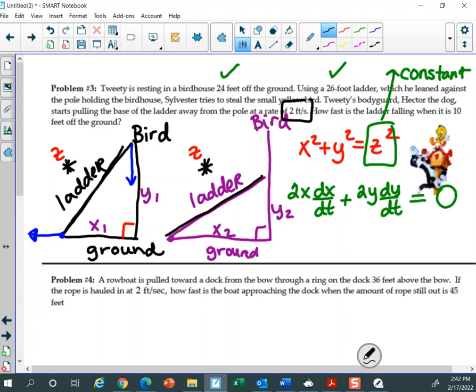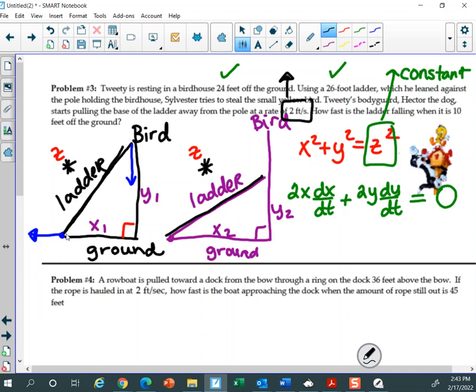Okay, so what is changing at a rate of 2 feet per second? Which measurement in the triangle is changing by 2 feet per second? Let's see.